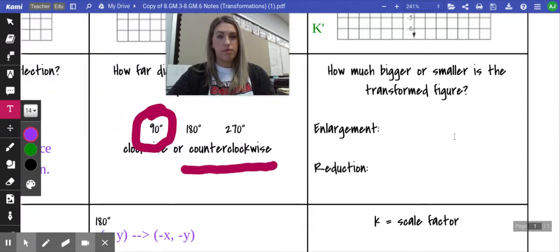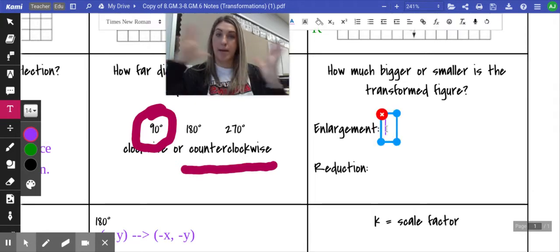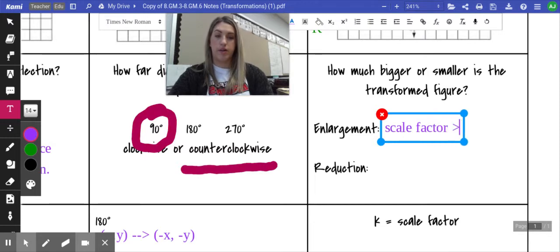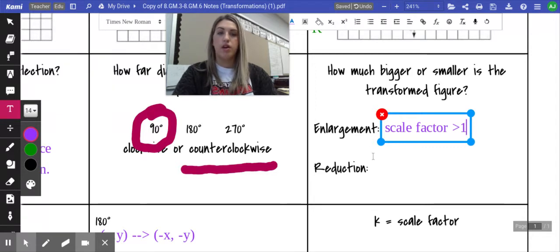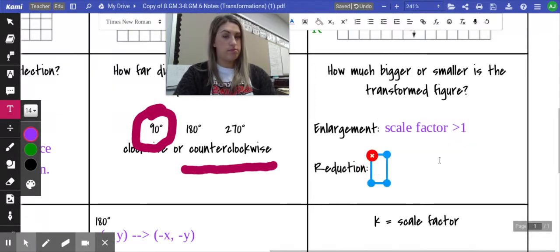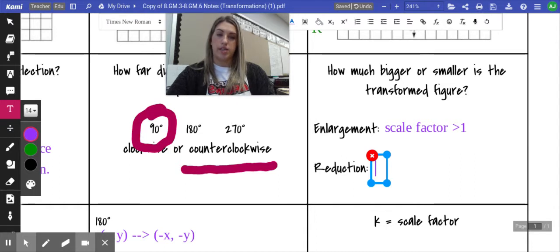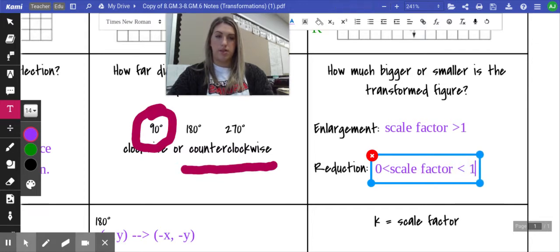So for something to get bigger or enlarge, our scale factor has to be greater than 1. If we multiply by anything greater than 1, you're going to see your pre-image get larger. For a reduction, your scale factor is going to be greater than 0 but less than 1.